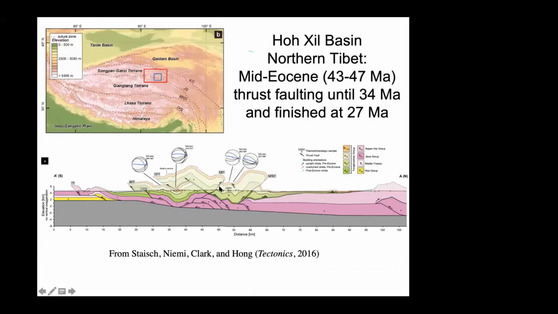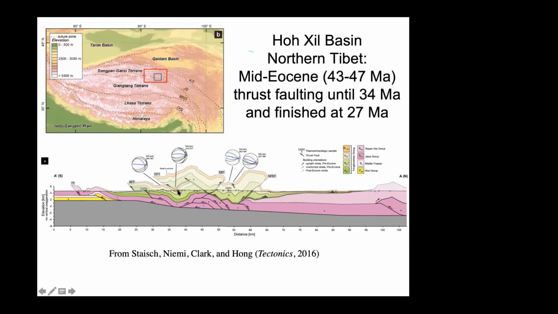So let's start back in the early Cenozoic. I'm going to show you a couple of places where there's no question the crust was being shortened and thickening. This first area in the north, in the Hoh Xil Basin, northern Tibet. This is a study by Staisch, Niemi, Clark, and Hong. They dated some of the thrust faults in here.